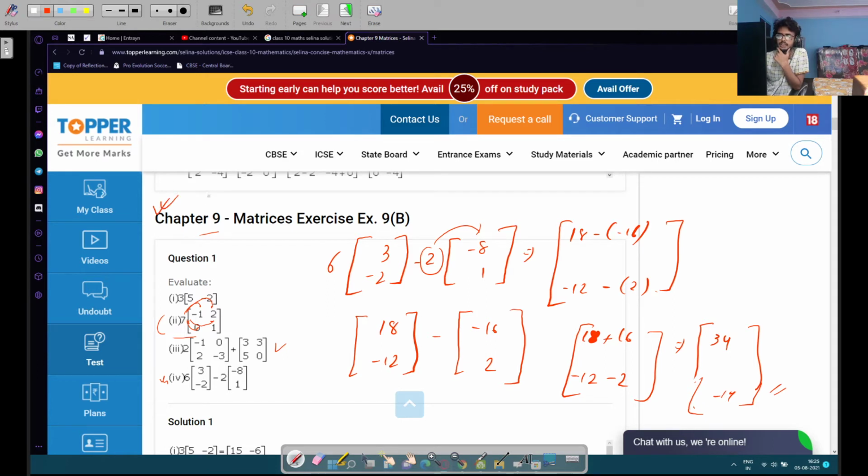When you have a scalar, just remember, I'll give you a generalized formula for this, okay? If you feel that would be better for you, just try to remember that formula. If any number k is multiplied with a matrix, let's say [a, b; c, d], you can easily write this as [ka, kb; kc, kd].